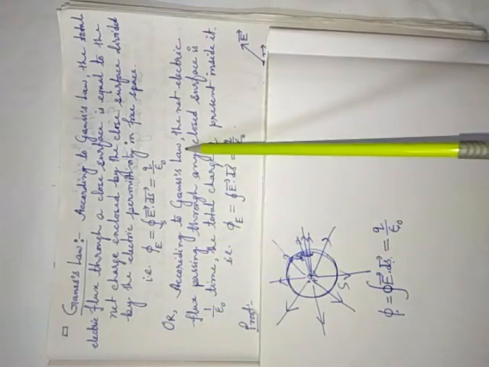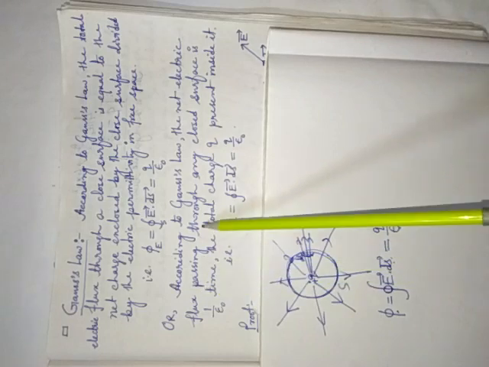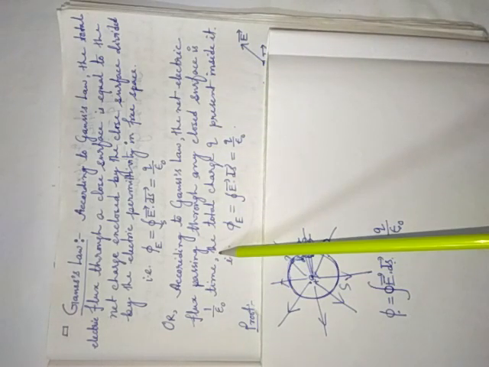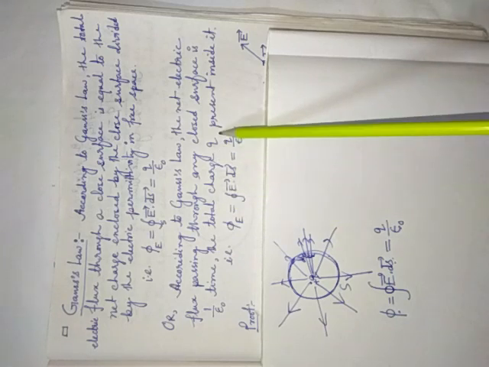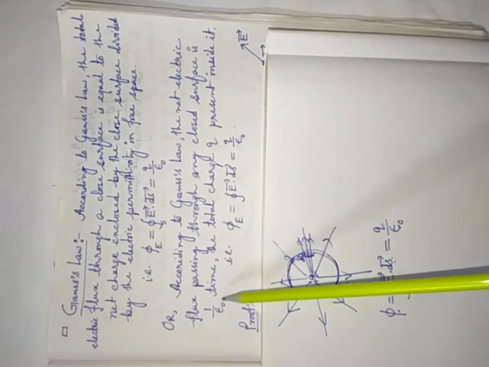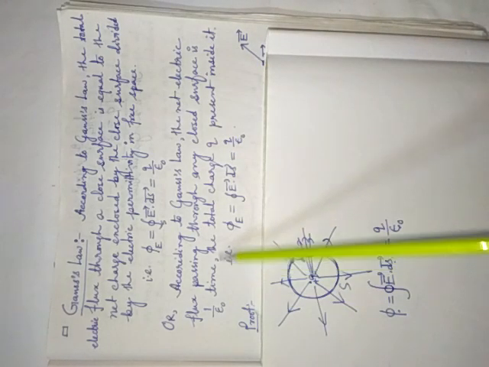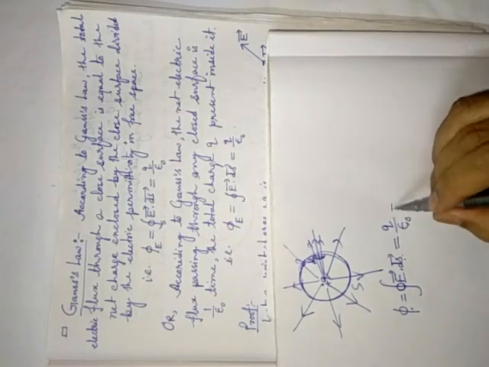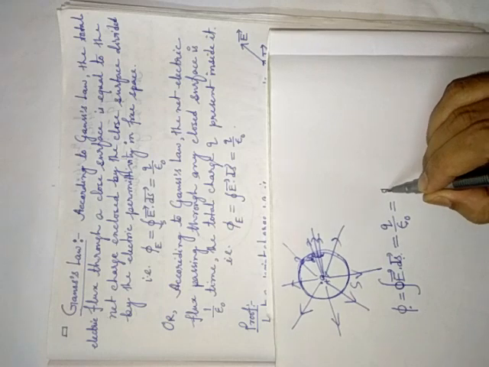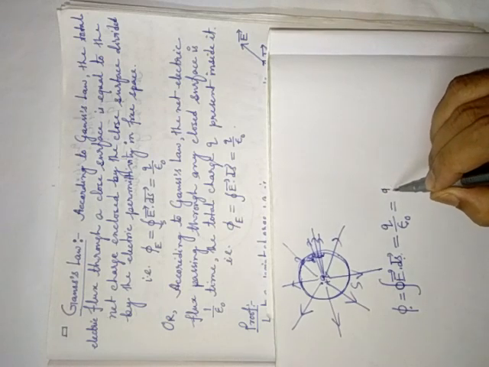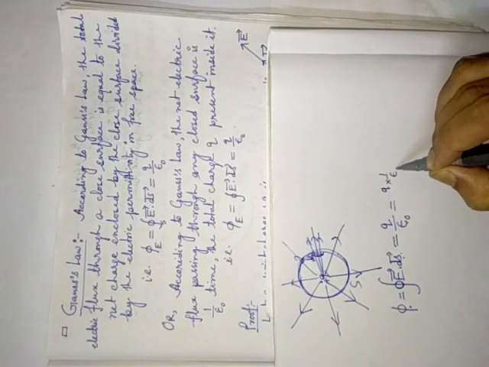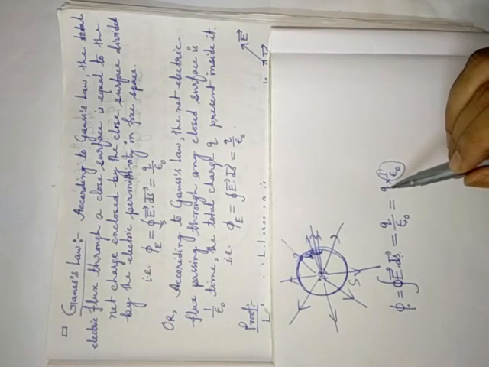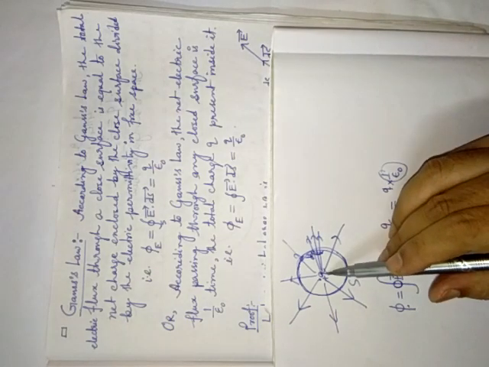According to Gauss's law, the net electric flux passing through any closed surface is 1 by epsilon naught times the total charge q present inside it. That means you may write 1 by epsilon naught times the net charge enclosed by the closed surface, not outside.